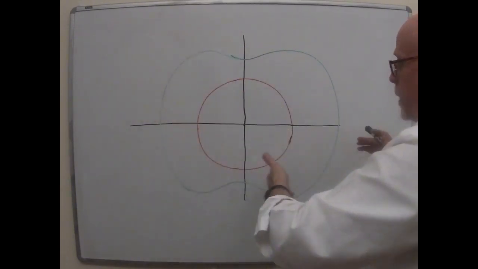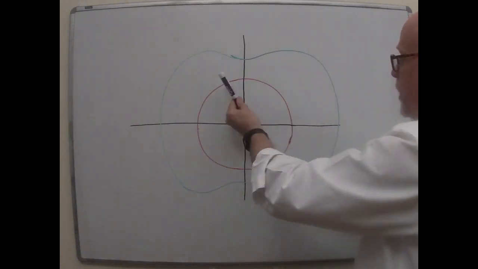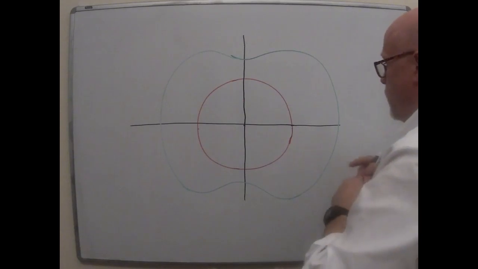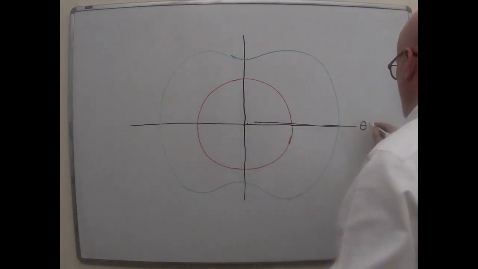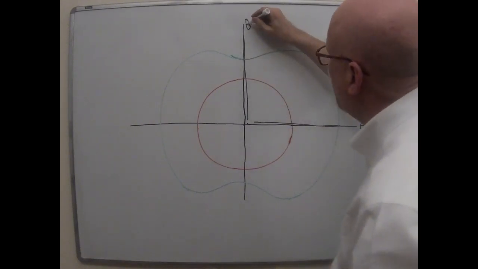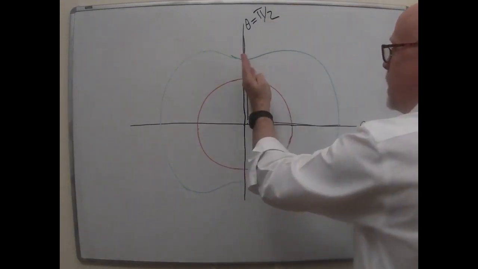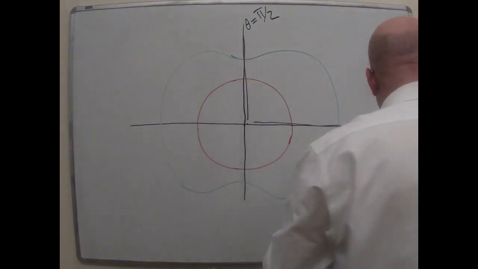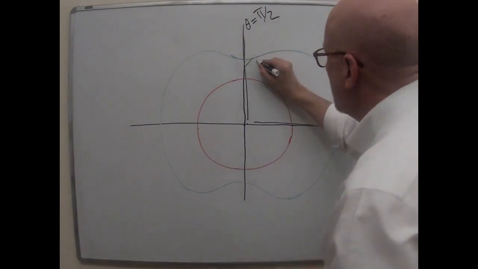I might mean all of the area between these two things, but often I have in mind angular limits. So you might go, say, from theta equals 0 to theta equals pi over 2. And in between those angular limits, the area that's trapped between the two curves is this stuff.